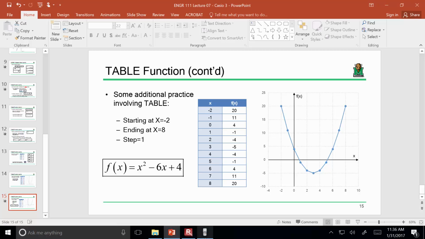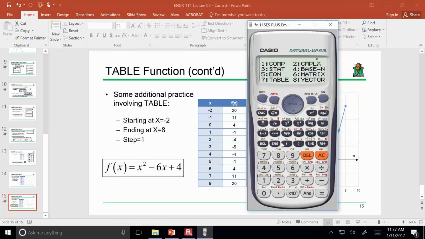All right. So here in the calculator, we'll go mode 7. The f of x we're doing is x squared minus 6x plus 4. All right. Now it's asking for the g of x.